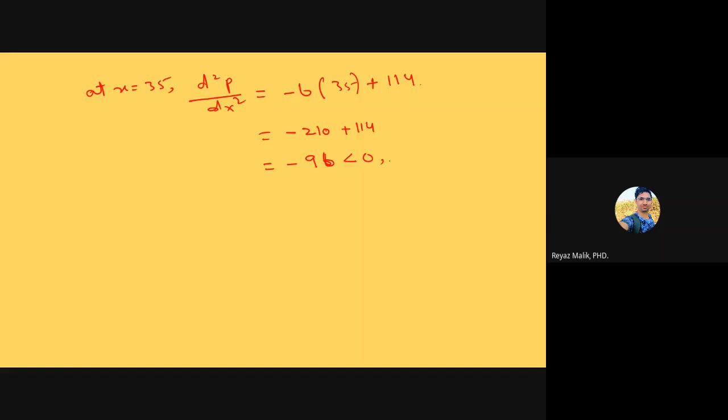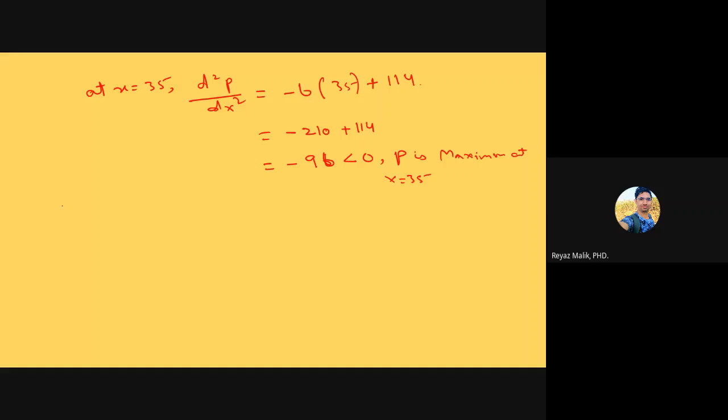Then P is maximum at x equals 35. This is our solution. So we have got two identifications now. One, P is minimum at x equals 3, and P is maximum at x equals 35. Correct? Then the next step, I will do it very fast.